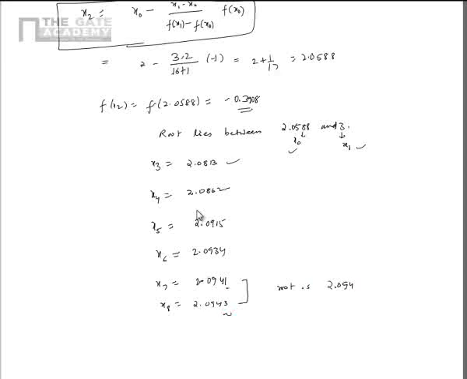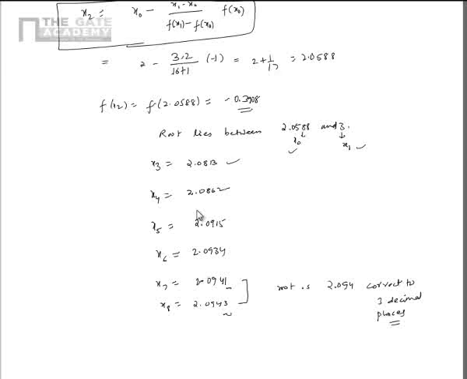It's not changing in the third digit, so till the third digit it is constant. So the root is 2.094, correct to 3 decimal places. Till 3 decimal places you are sure, and the fourth digit you are not sure, it can be anything. If you solve more and more, you will get more digits.